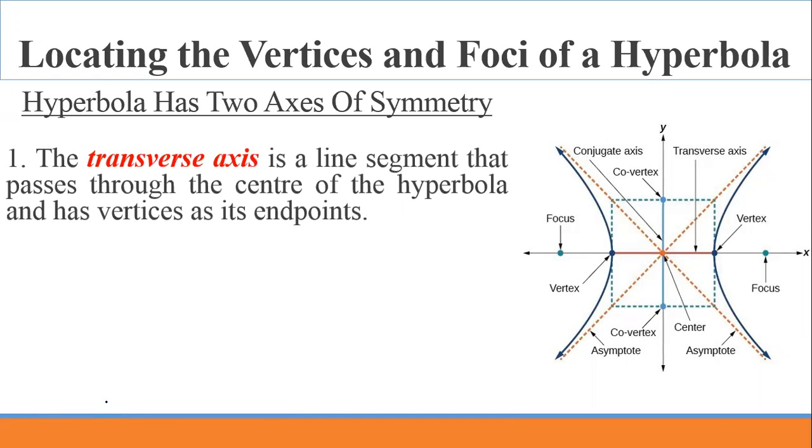The first one is the transverse axis, which is a line segment that passes through the center of the hyperbola and has vertices as its endpoints.